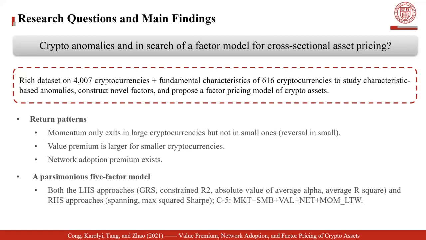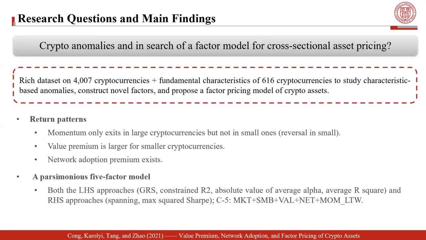We also get fundamental characteristics of over 600 cryptocurrencies from IntoTheBlock. These are on-chain P2P transactions and various metrics such as addresses of wallets for these cryptocurrencies in order to document the crypto anomalies.